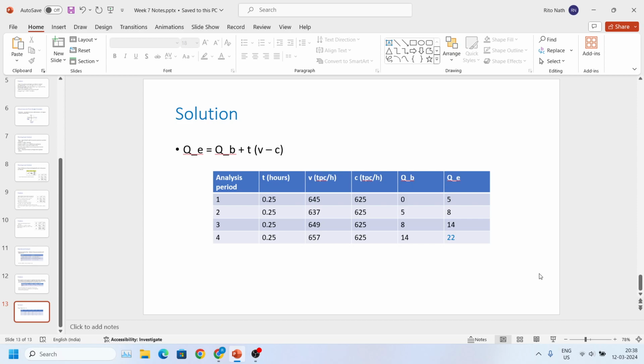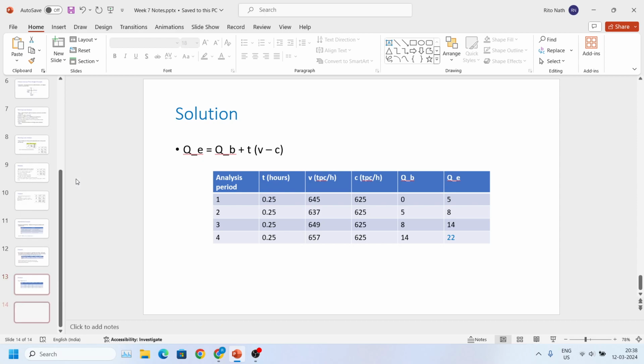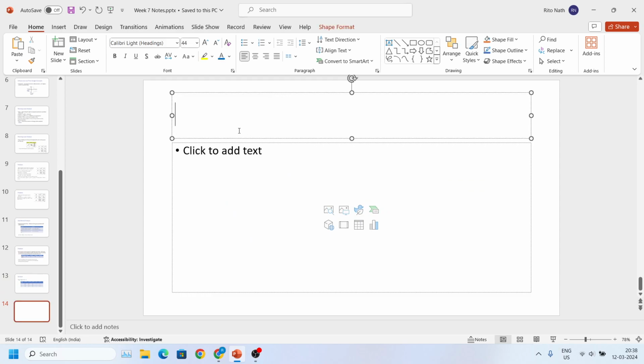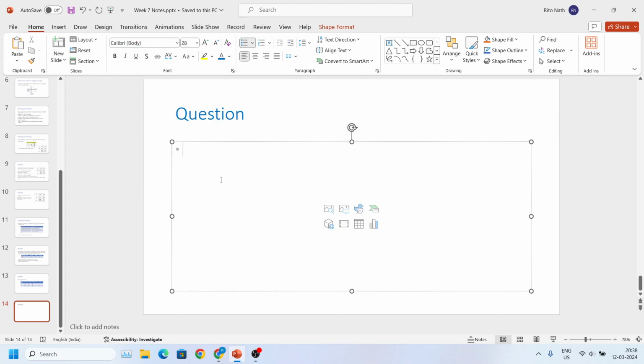Okay, so in this context, I think I can solve another problem, more of a true false kind of a thing. So let's see. True, false.